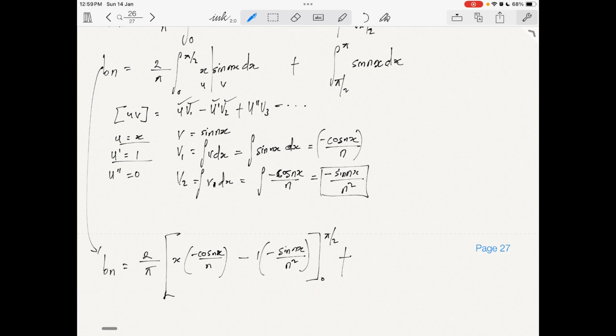Thereafter, we have solved this part, and it's time for us to solve this part. So we are just integrating sine nx here, and that will give us minus cos nx over n from limit of pi over 2 to pi.